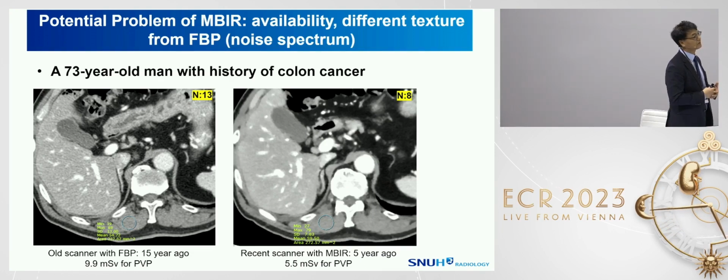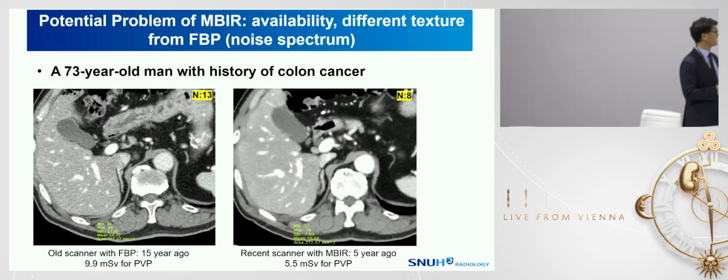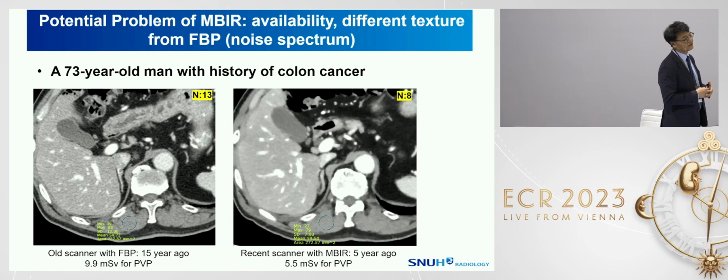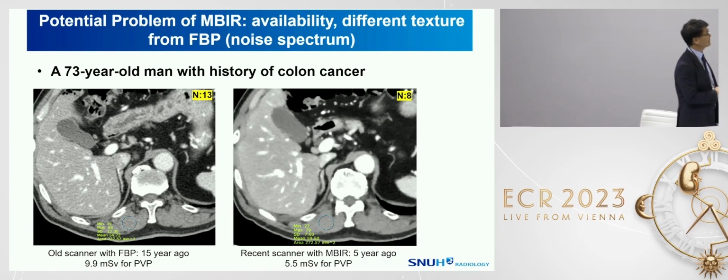But it has some problems, including availability and different image texture from FBP. Radiologists are relatively conservative in terms of choosing image quality. So here is an example of a patient with a history of colon cancer.